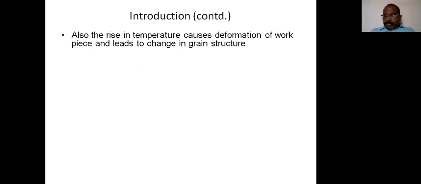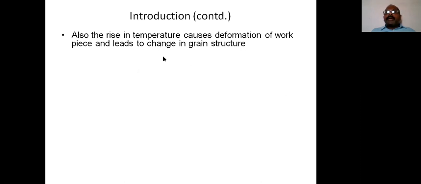In addition to this, the rise in temperature causes deformation of the workpiece and leads to a change in grain structure. So whenever the grain structure changes, what is the drawback? Mechanical properties change.